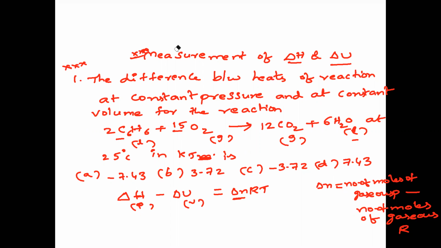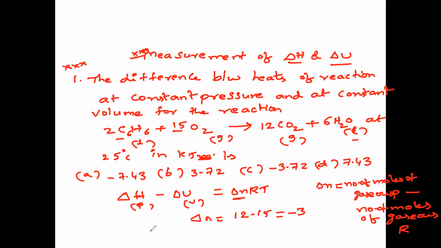So 15 moles of oxygen and 12 moles of carbon dioxide. So delta n is equal to 12 minus 15, because the number of moles of gaseous products is 12 and gaseous reactants is 15. So 12 minus 15 is equal to minus 3.